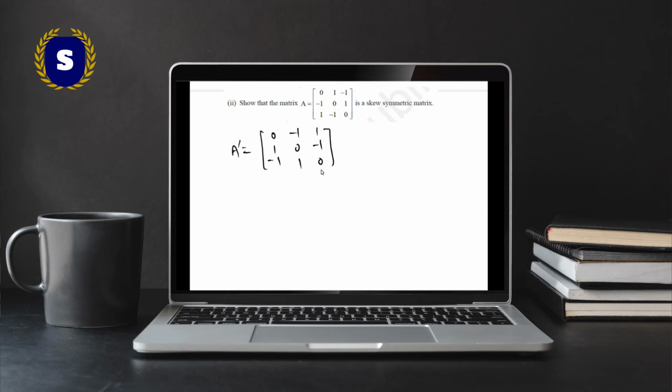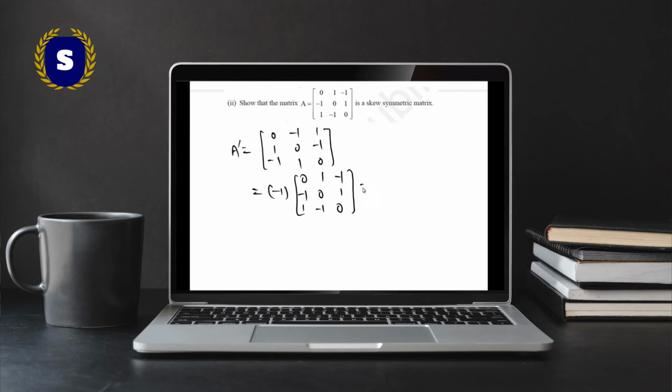But we have to take minus 1 common, or we can say we have to multiply each element by minus 1 by placing minus 1 in front of the matrix. Okay, one minus 1 we have placed here and the other minus 1 we have multiplied with each element. So we got 0, 1, 1, minus 1, minus 1, 0, 1, 1, minus 1, 0.